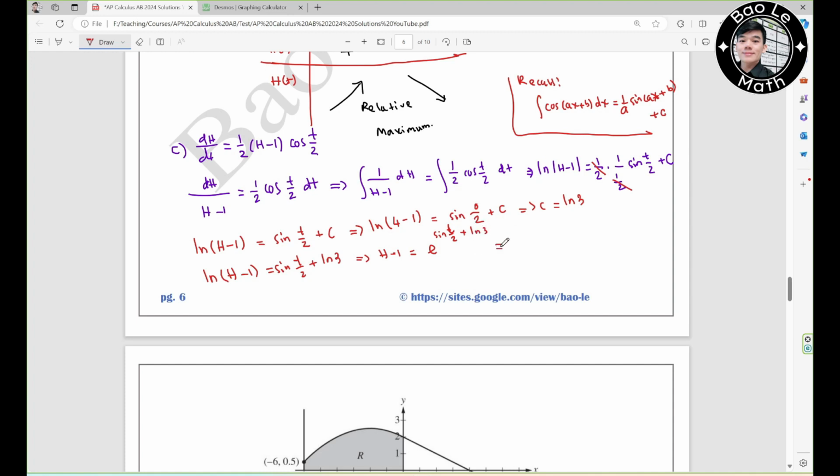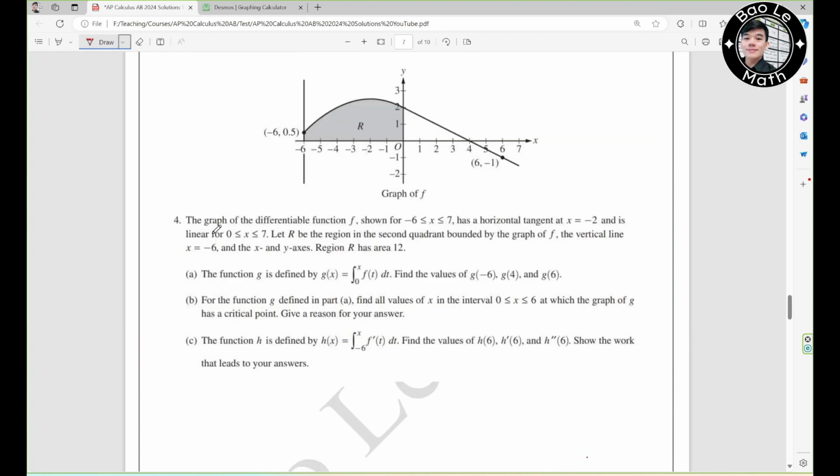We can separate them: e to the sine t over 2 times e to the natural log of 3. But e to the natural log of 3 is 3, so it's 3 times e to the sine t over 2. So finally h equals 3 times e to the sine t over 2 plus 1. Let's move on to question number 4.